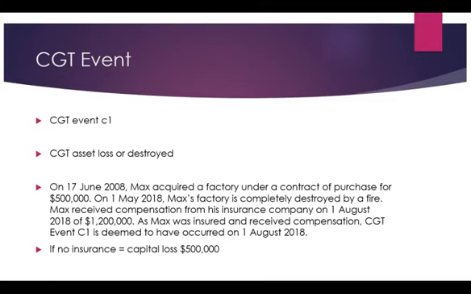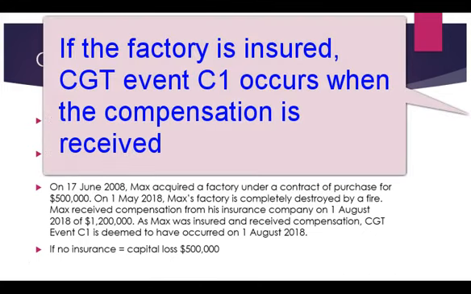If the factory is insured, let's have a look at the example here. Max acquired a factory in 2008 for $500,000. On 1 May, his factory is destroyed. He receives compensation, as it's insured. He gets 1.2 million. Guess what? Max has a capital gain of 700,000: 1.2 million less the 500,000.